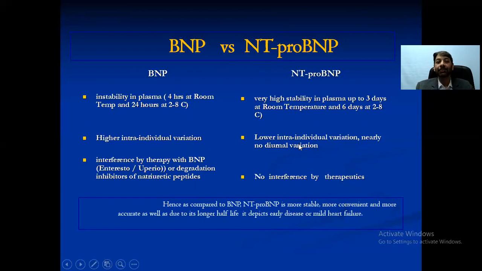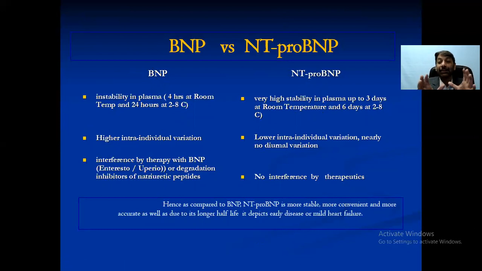Higher intravascular individual variations for BNP, lower variations for NT-ProBNP. And this is again a very important point, the last one, which is the drugs nowadays: Sacubitril Valsartan, Entresto, or its generics. The BNP, since it's the active compound, is degraded by neprilysin, while neprilysin has no effect on NT-ProBNP.